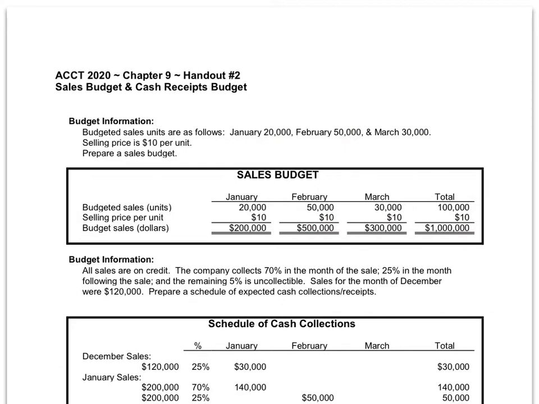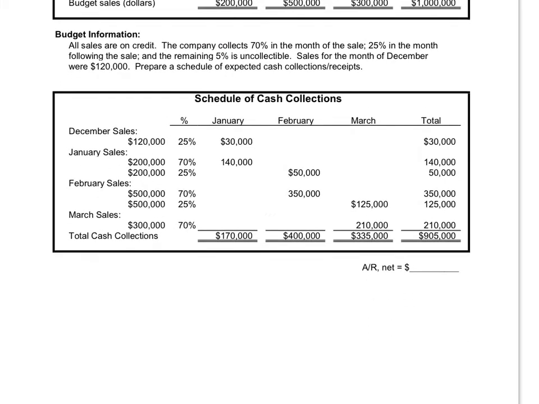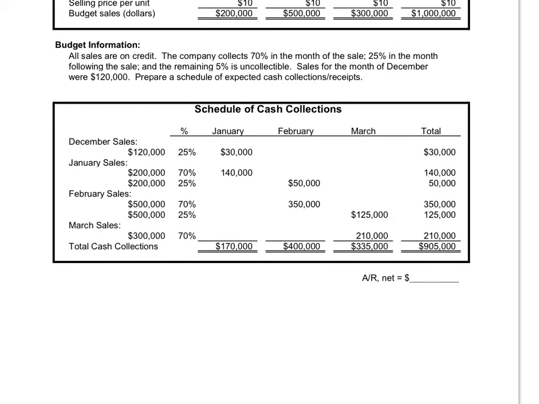Okay, the next thing that we're going to look at is your budget information. If we're going to make all of our sales on credit, then we've got to figure out exactly what month we're going to be collecting.